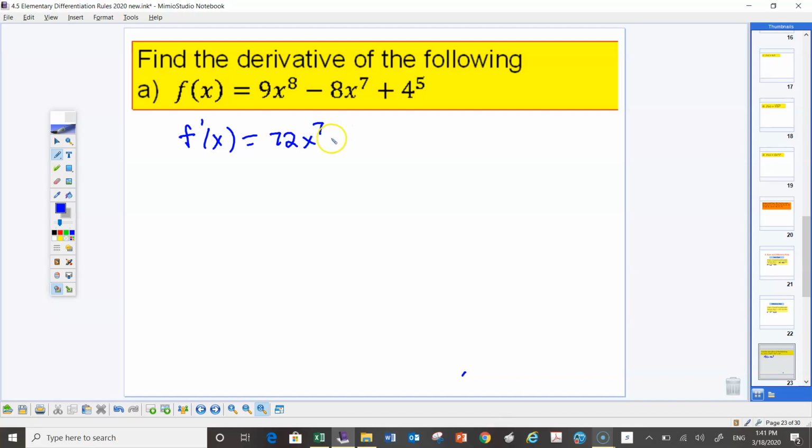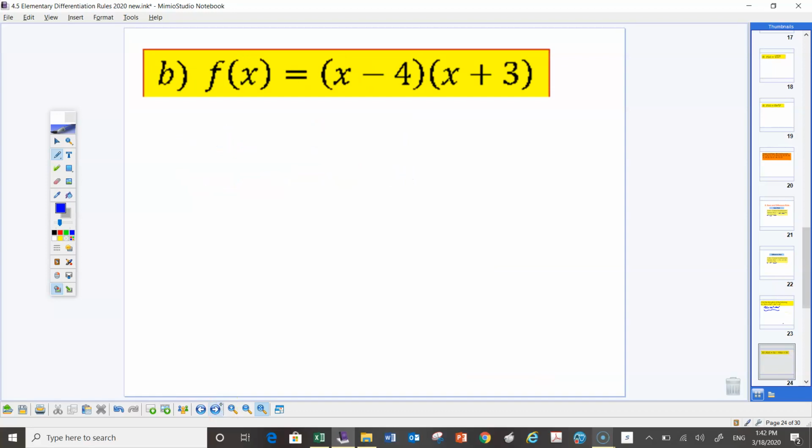I bring the 7 out front, so 7 times negative 8 would be negative 56, and my exponent drops by a power of 1 to become x to the 6th. Okay, x to the 6th, and 4 to the 5th is a constant, and the derivative of a constant is 0, so this would be my final answer.